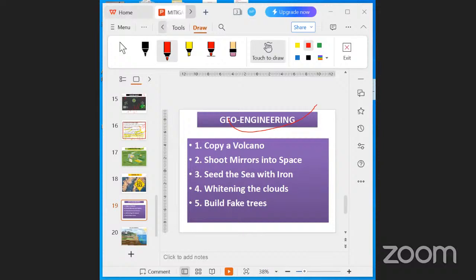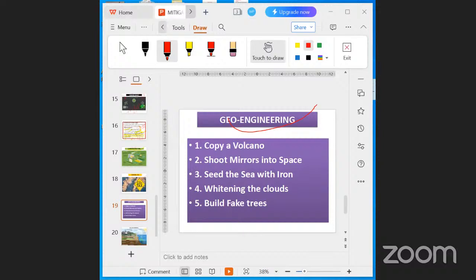Various greenhouse gases, mainly man-made pollution. All of you know about this, right? I already told you about this. And hence you should cool down the environment. So this geoengineering technology is still a theoretical concept and it is yet to be accomplished, right?